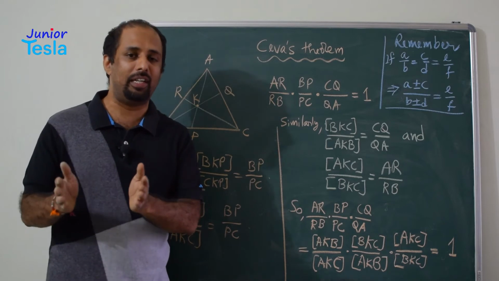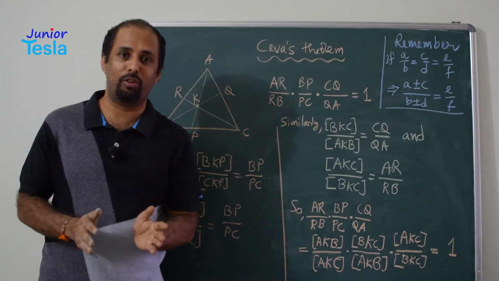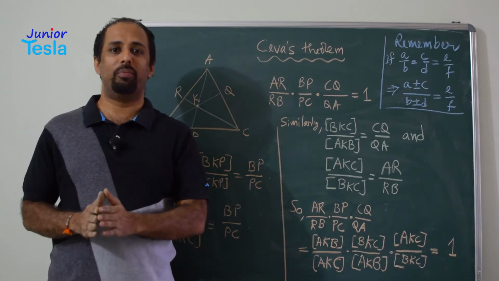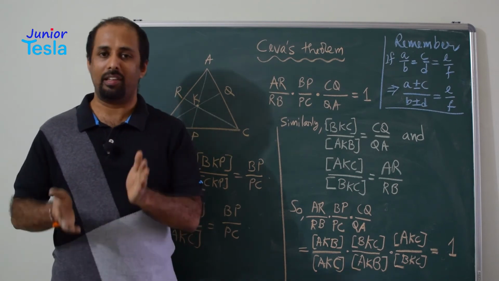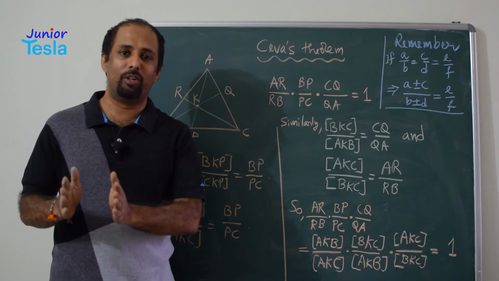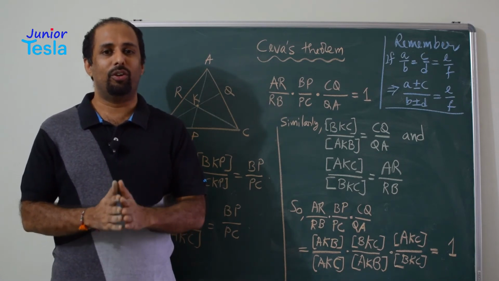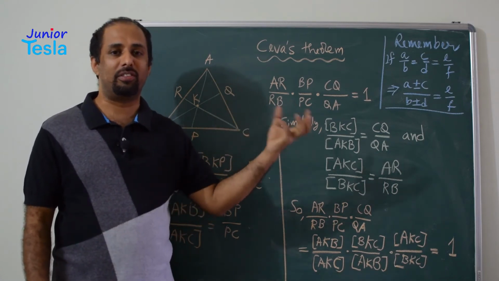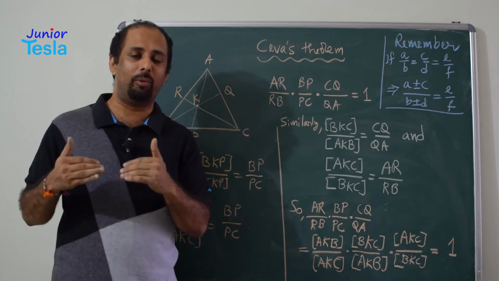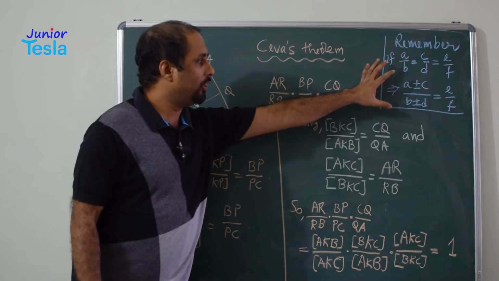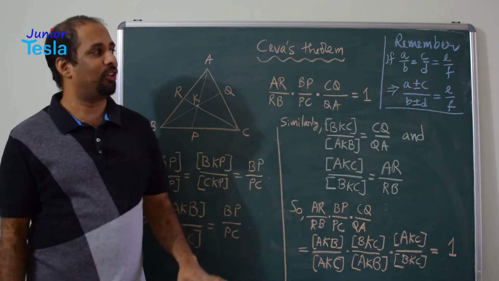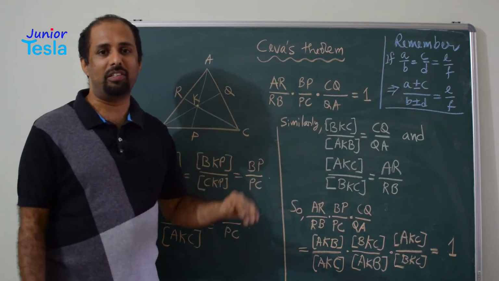So A plus C divided by B plus D is also equal to A by B. It is also equal to C by D. Similarly, A minus C divided by B minus D is also equal to A by B and equal to C by D. So the ratio value is not changing if you have taken numerators and denominators and added or subtracted them. Now we are going to use this property of ratios to prove Ceva's theorem.